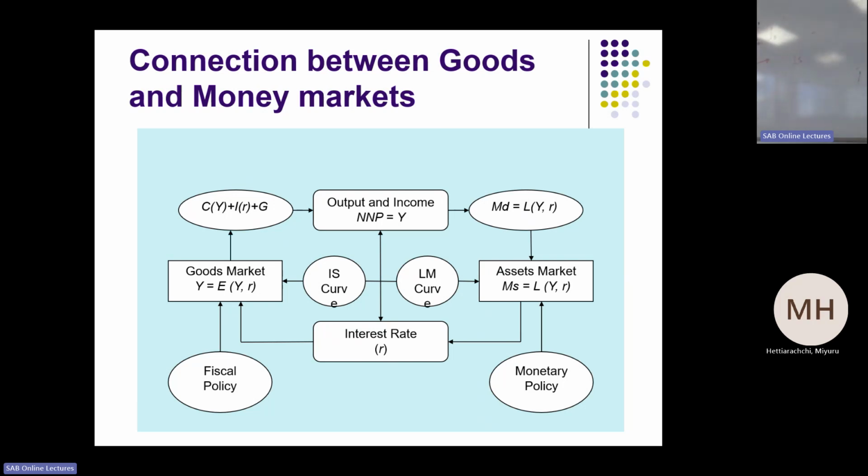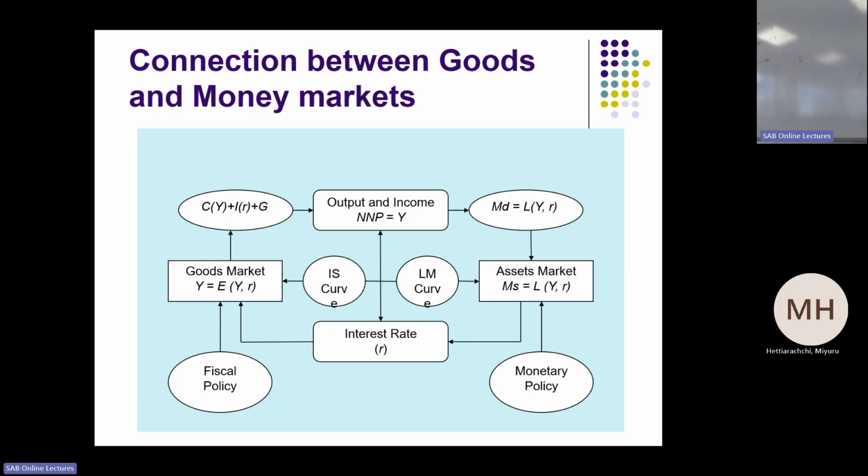As part of monetary policy, the central bank controls the money stock. These are the monetary instruments, and also using policy rates, the central bank controls the market interest rate.